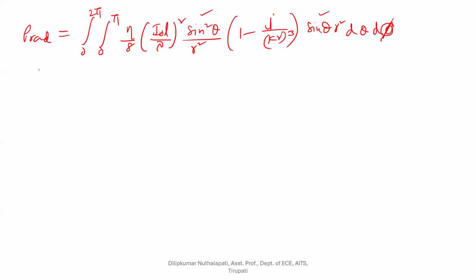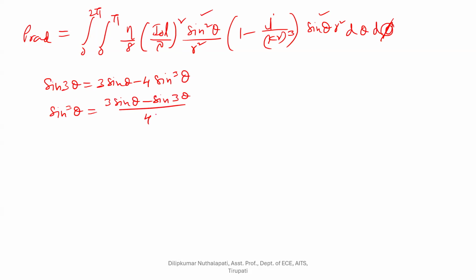So let us simplify that. Considering the sin 3θ formula, sin 3θ is equal to 3 sin θ minus 4 sin³ θ. Again, this is a trigonometric relation. Sin³ θ is equal to (3 sin θ minus sin 3θ) by 4. We will mark this as equation number 4, deriving only sin³ θ in a simplified manner.